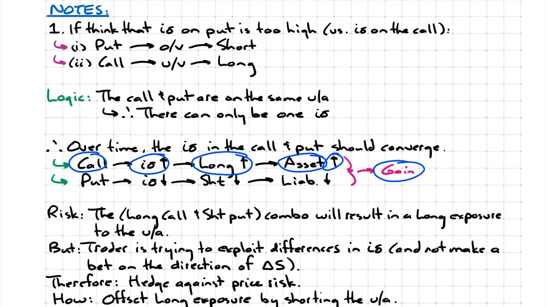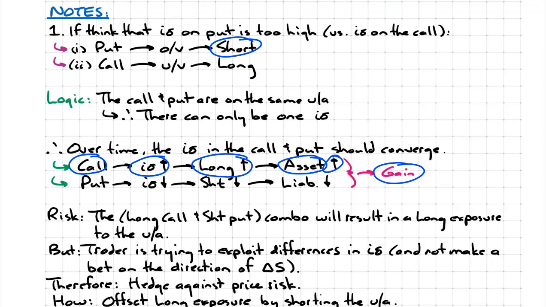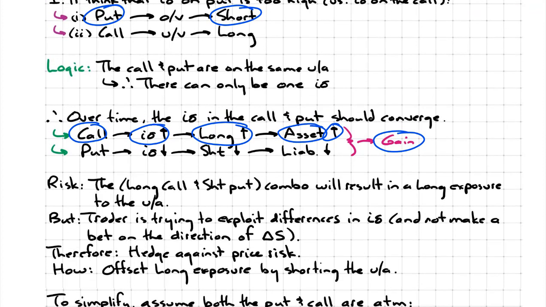At the same time, remember we said we're going to take a short position in the put. Well, as the implied volatility on the put option comes down, the value of the put will come down, and therefore the value of this short position, because remember you're short the put, it's going to come down.